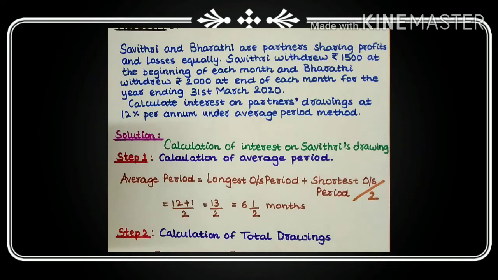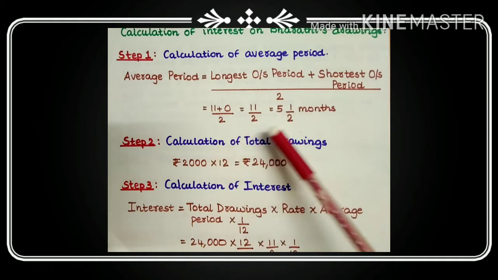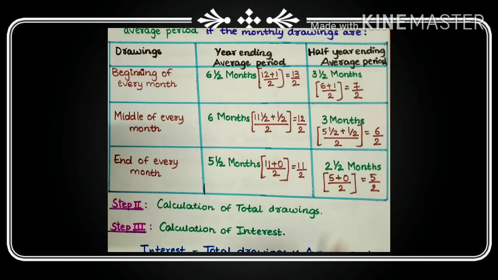So how many months will we get? 11 months is the longest outstanding period, but the shortest should be 0. So 11 plus 0 by 2, 11 by 2, 5.5 months. For this calculation, you can also refer to the table. See here, year ending, average period, end of every month. So 11 plus 0 by 2, 11 by 2, 5.5 months.